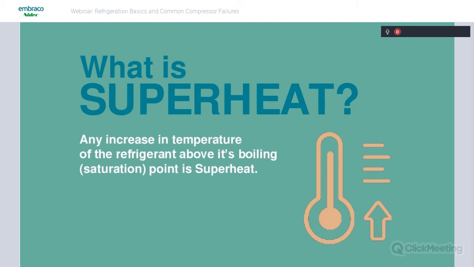You can use that to charge a system. Typically, we're going to want to use superheat in a fixed orifice system, because we'll talk about that in a second when we talk about subcooling. But basically, that's what superheat is: we measure the temperature of the refrigerant above its boiling point.